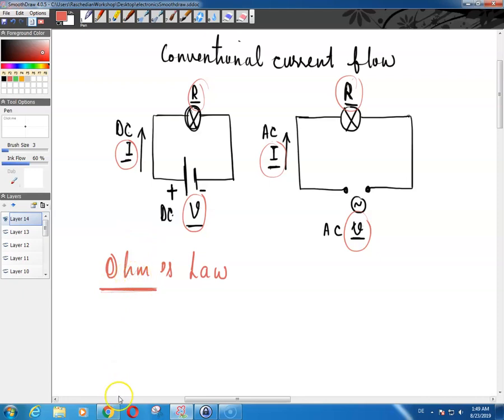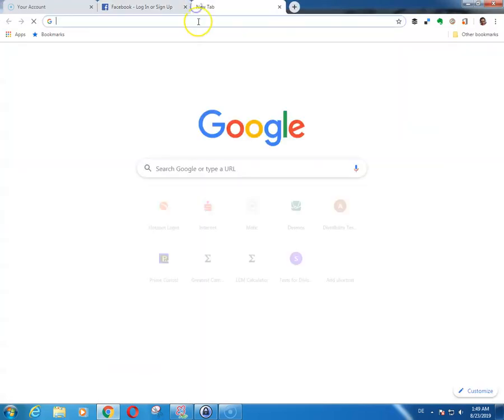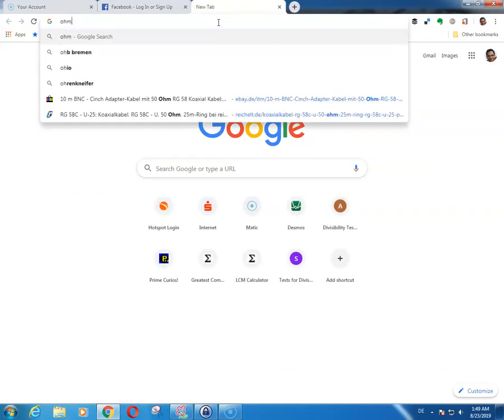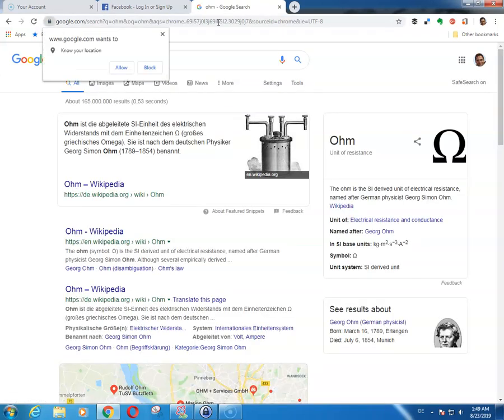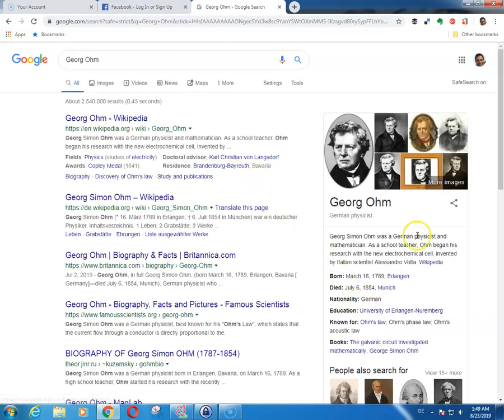Let me look this up. 1789. The name was George. George in German is sometimes written and read as Georg. So Georg Simon Ohm was a German physicist and mathematician.